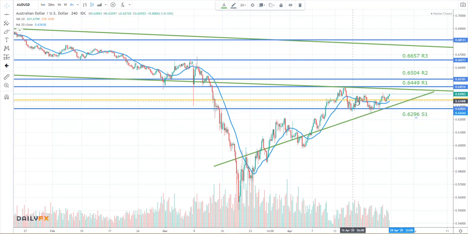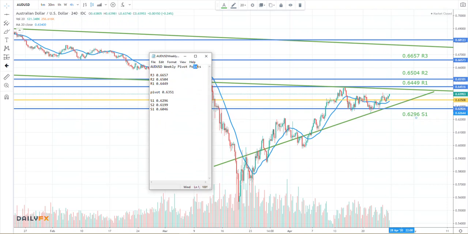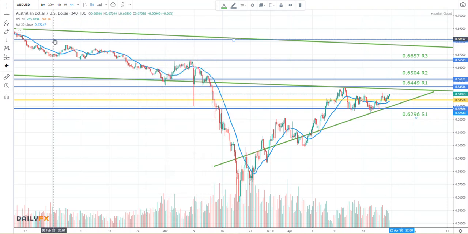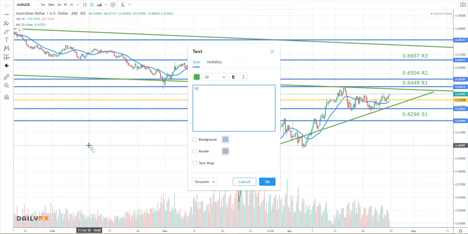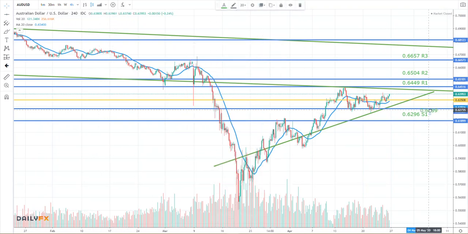Okay, that makes sense. Recently tested bottoms. 61.99 is your next support. So right here. Oops, put S2 there, but that's what that means.